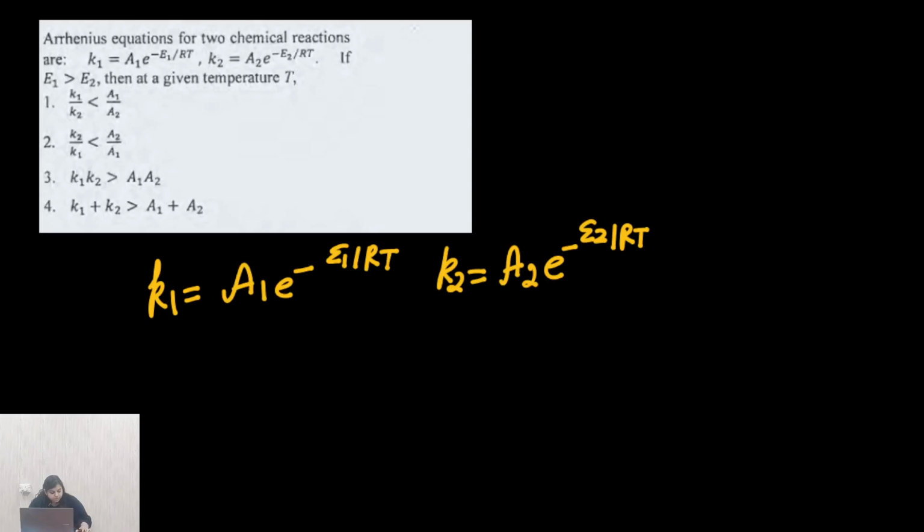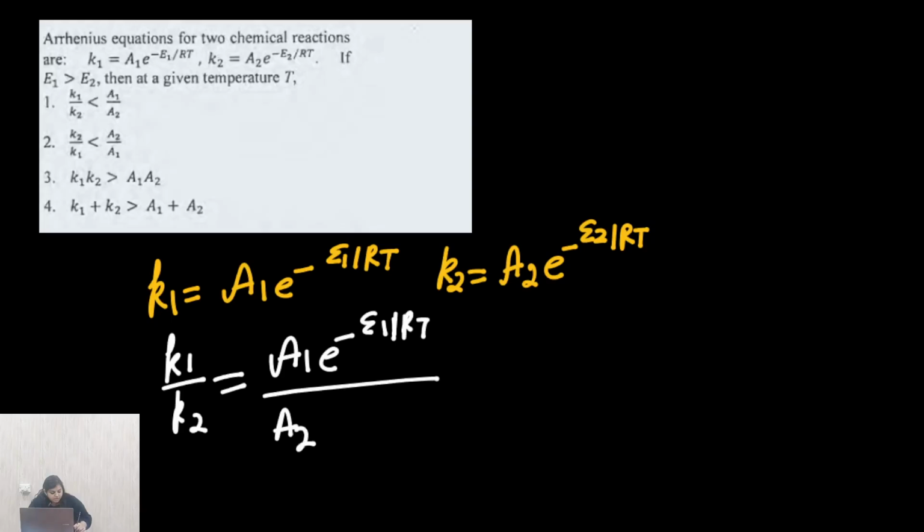The ratio of these, if you take K1 upon K2, will be equal to A1 times e raised to the power of minus E1 upon RT, and this will be A2 into e raised to the power of minus E2 upon RT, right?